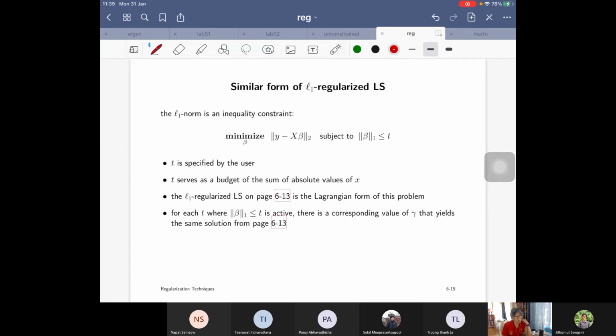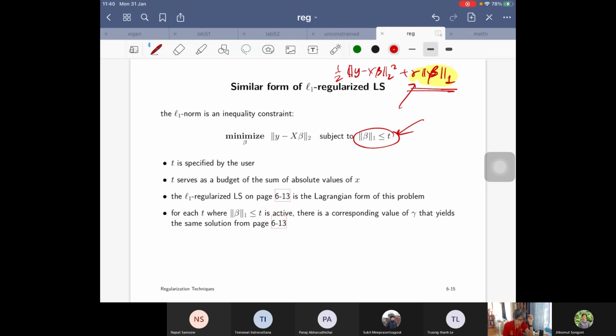People also solve the Lasso problem, but in a different formulation. Here we represent a similar form of L1 regularized least square. Instead of solving this L1 norm of beta, you can also consider this penalty term. Previously it was added as part of the objective function, but now this similar form puts the L1 norm of beta as a constraint.